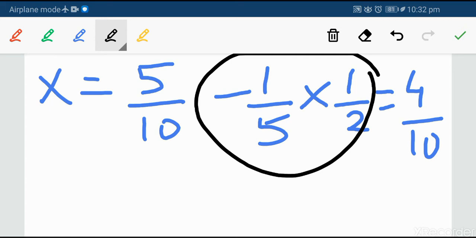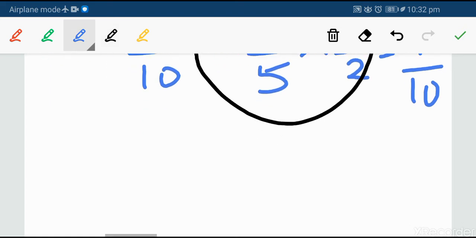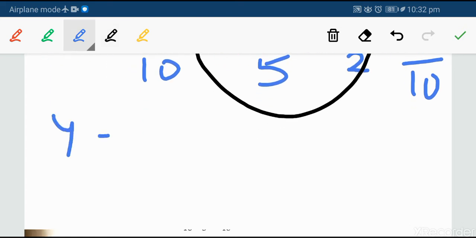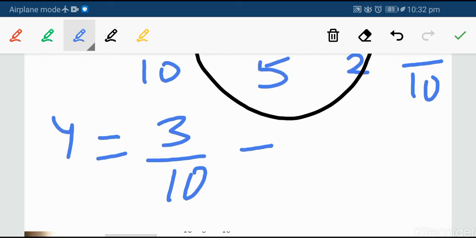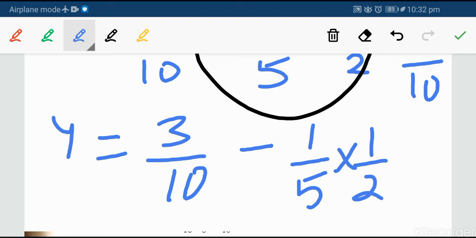Okay, so now this portion will be your sacrificing ratio for x. Now moving to the y part, how will y calculate? y's share of profit is 3 by 10, and he will be giving 1 by 2 of it, its half portion, so it comes to be 2 by 10. You will calculate, and this will be your 2 by 10.